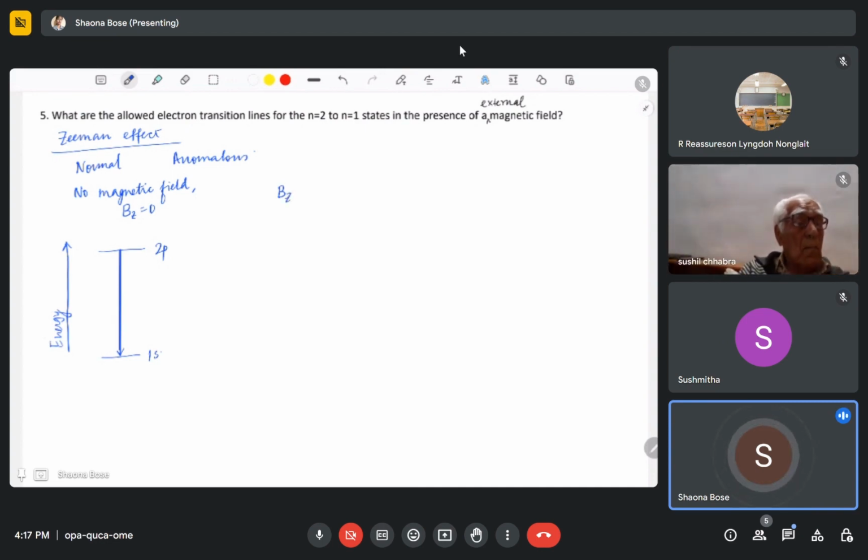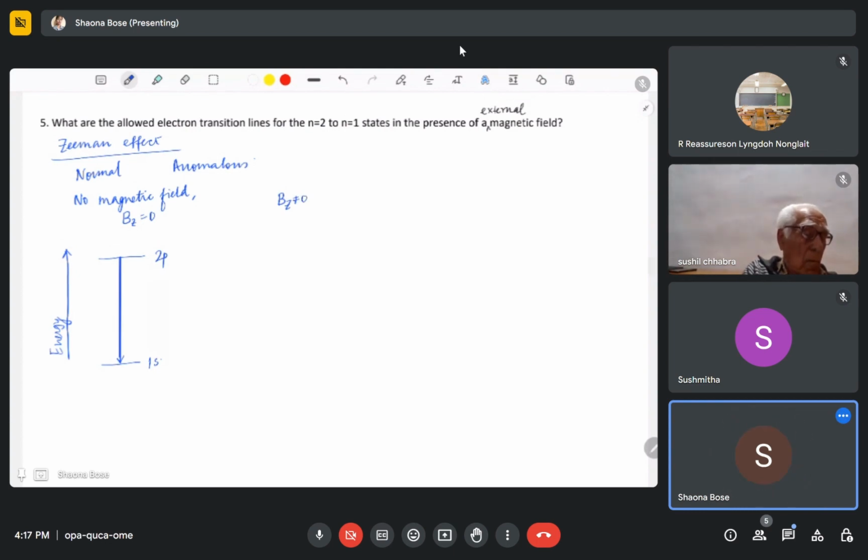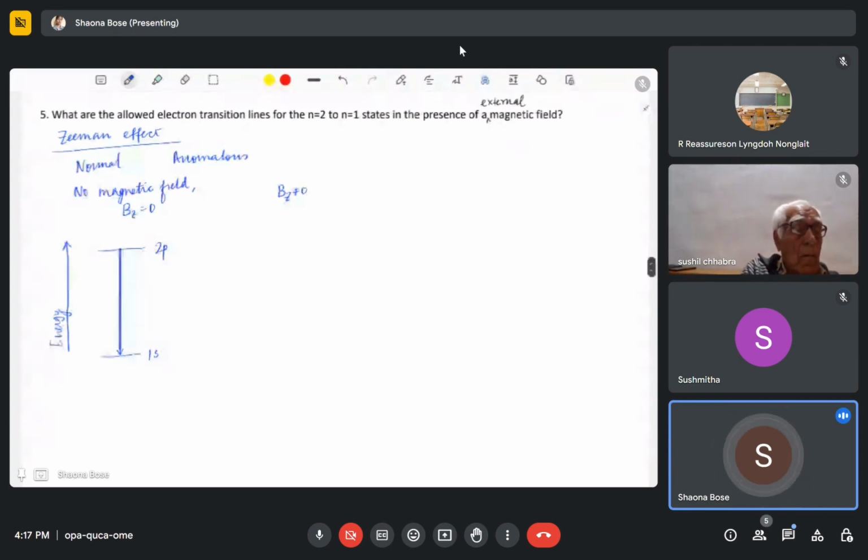But when you apply a magnetic field, so Bz is not 0, then you will see that this 2p line will split up, right? ML term, because P means L is equal to 1.